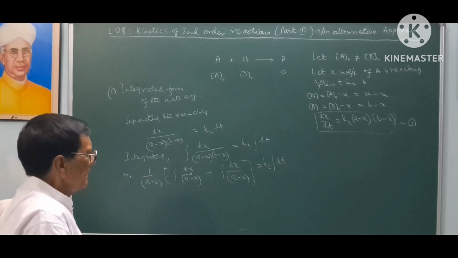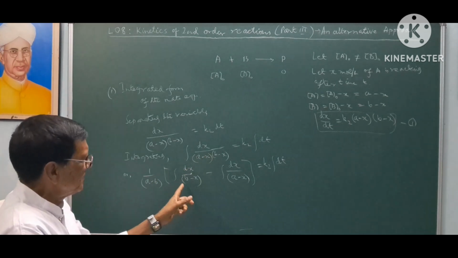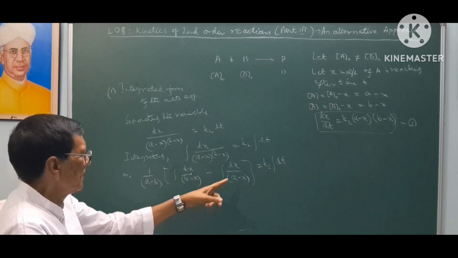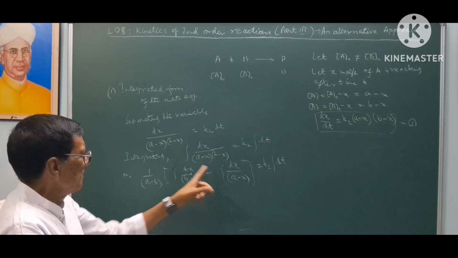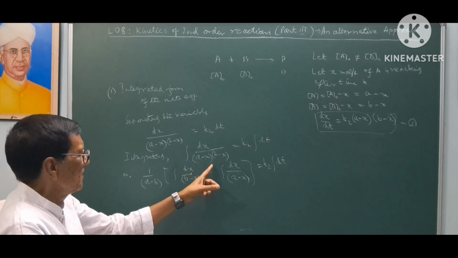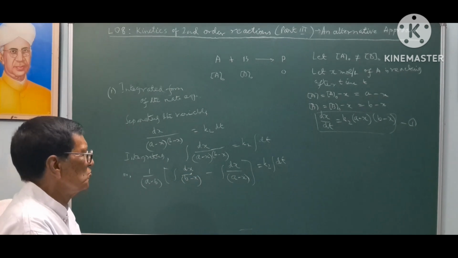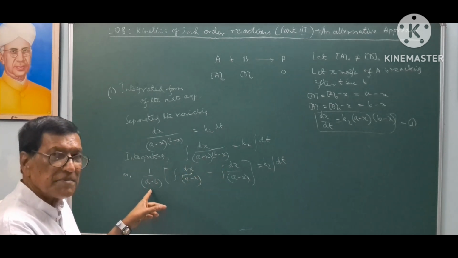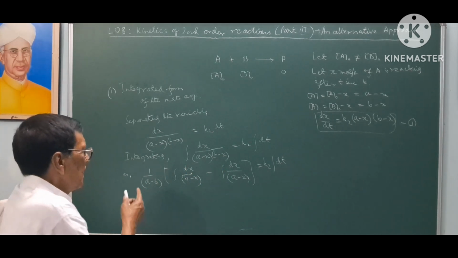So if we split up this term in this fashion, then you can see dx is common, and here a minus x minus b plus x will be cancelled, and so it will be a minus b here, and this is divided by a minus b.